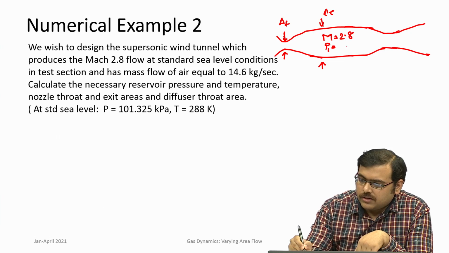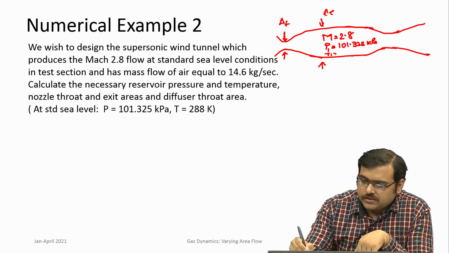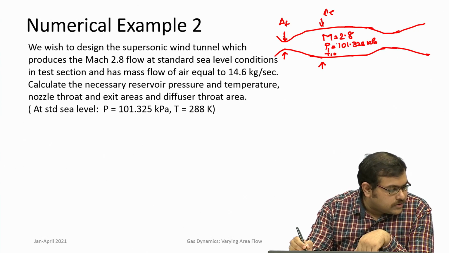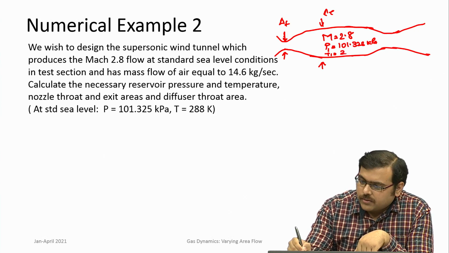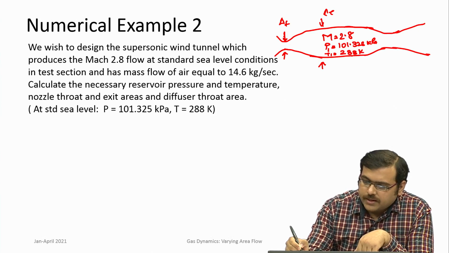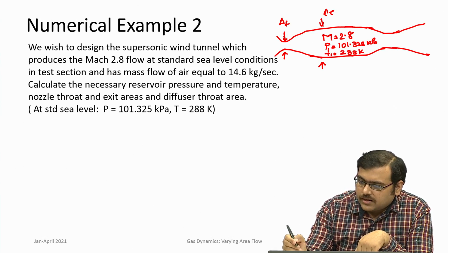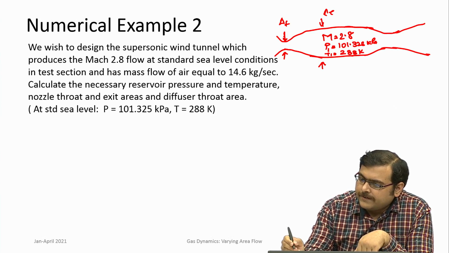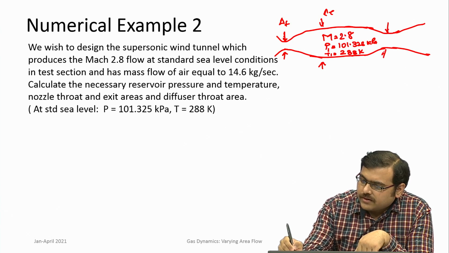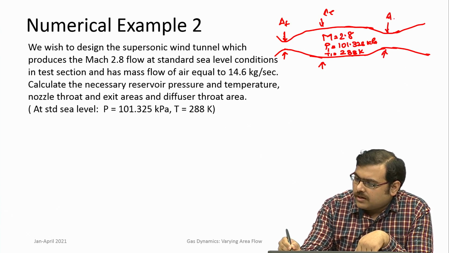So P1 is standard sea level 101.325 kilopascal and T1 is taken as 288 Kelvin. Okay. So these are the conditions, and what should be the diffuser area. So area of the diffuser throat.